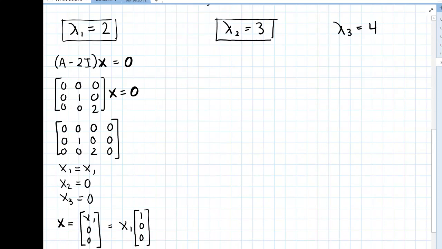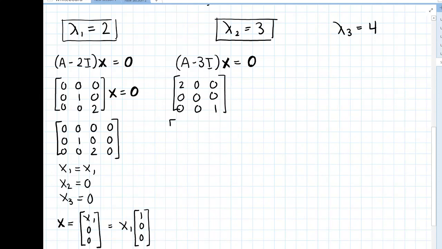So this is maybe going to be a little boring because it's going to be very similar to the last one. If we do A minus 3I now times x is equal to 0, this time the matrix we get, let's see, is going to have 2, 0, 0, then 0, 0, 0, and then 0, 0, 1.